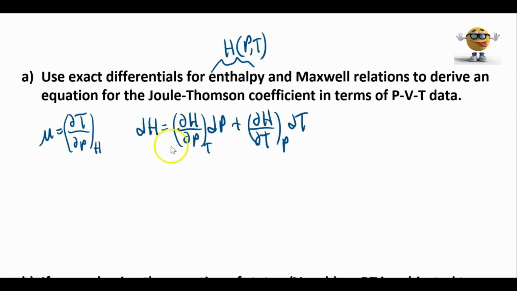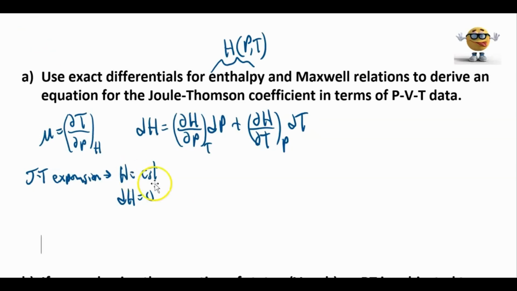So what's happening in a Joule-Thomson expansion? It occurs under constant enthalpy. So H equals constant, which means dH has to equal 0.